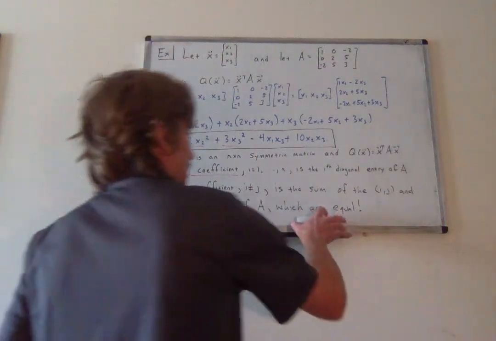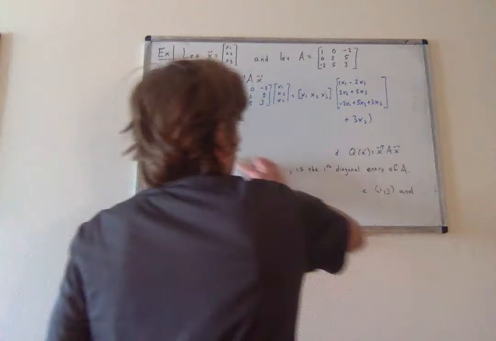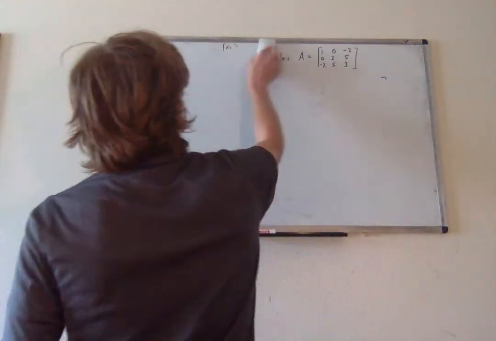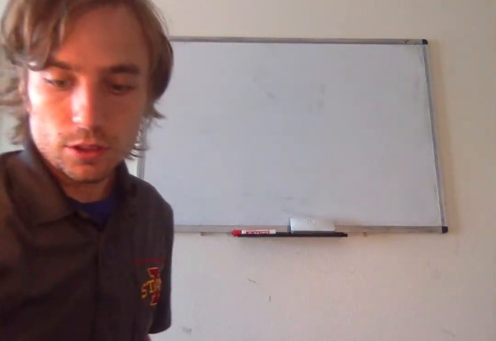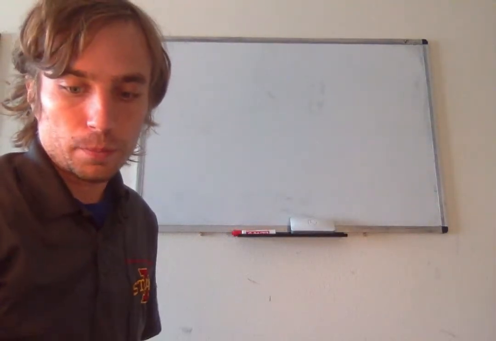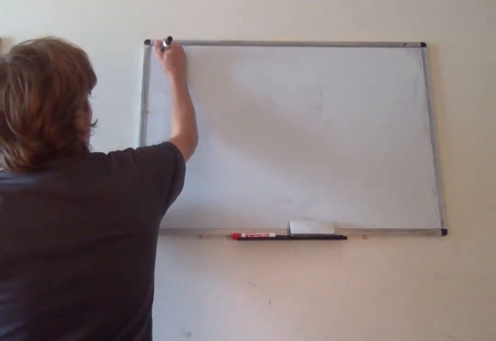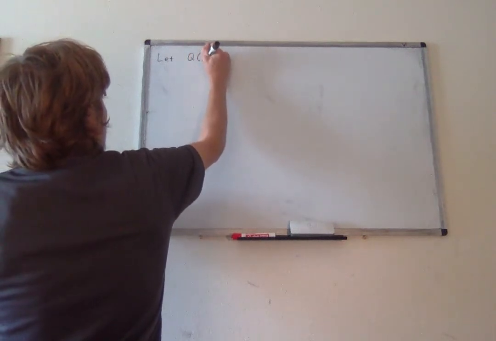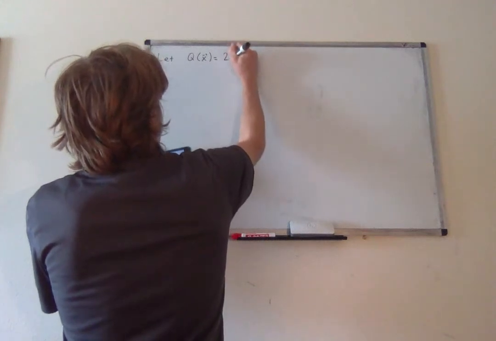I want to do one example of that, because we know where these entries come from now. So we're going to let Q of x be the following quadratic form.